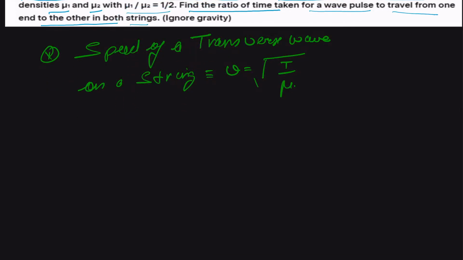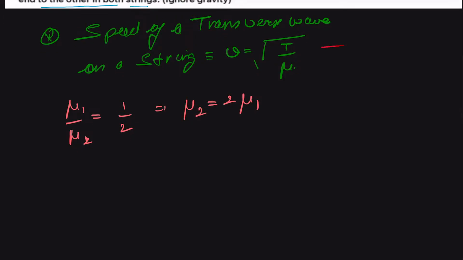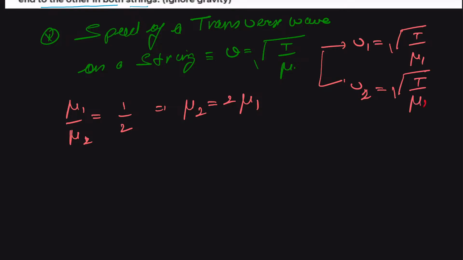So we are given that mu1 upon mu2 is equal to 1/2. Therefore, we can say that mu2 is equal to twice mu1. And we can write v1 is equal to the square root of T upon mu1, and v2 is equal to the square root of T upon mu2.